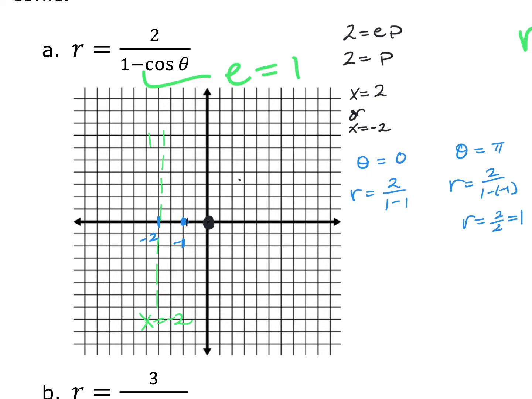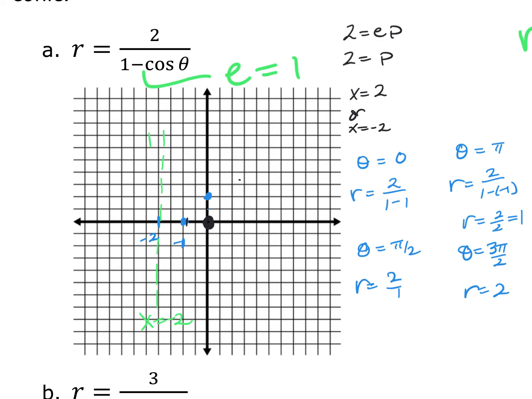So to figure out how wide it is, I need to put in theta is equal to pi over 2. So when I put in theta is equal to pi over 2, r is just going to be 2 over 1. So I'm going to go out 1, 2, and there's that. And of course, we should have had a polar graph here, but that's where it'd be. When theta is equal to 3 pi over 2, my r is also 2.